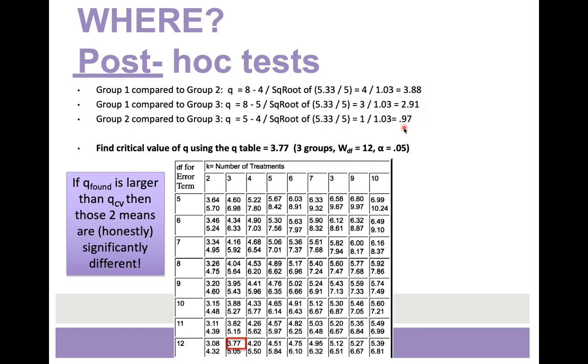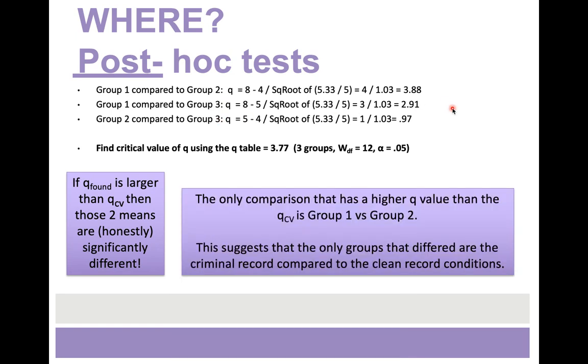The other Qs, because they're less than our critical value, are not significant. So what the post hoc tests tell us is that these comparisons are not significant. 1 versus 3 is not significant, and 2 versus 3 is not significant. So the only comparison that has a Q value higher than the critical Q value is 1 versus 2.